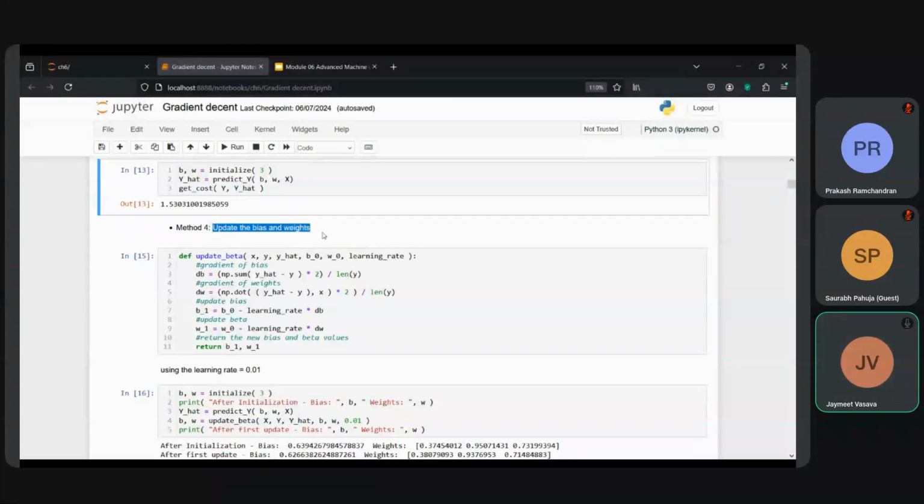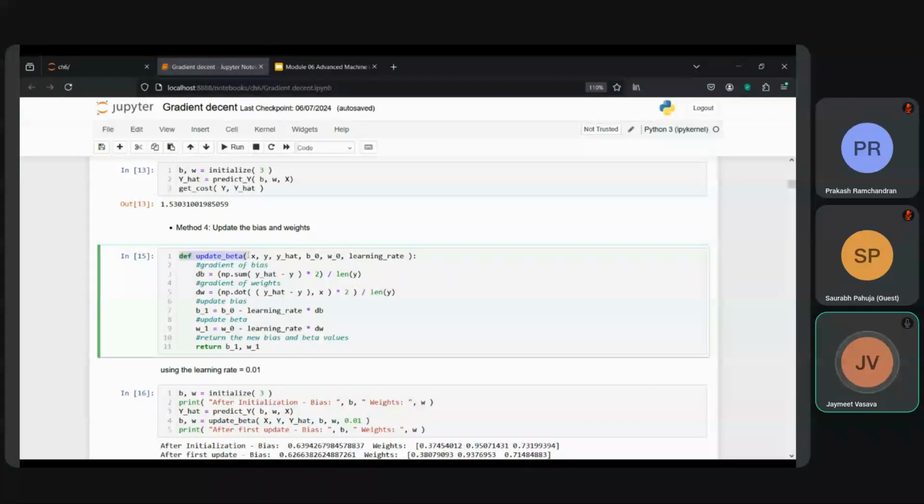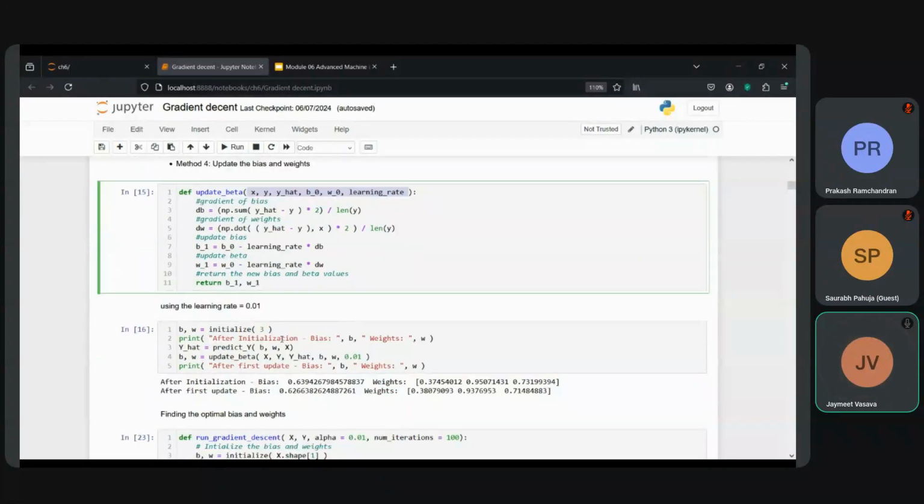Now we update the values of bias and weights by defining the function update beta, which will take the following parameters: x, y, the predicted values of y, the current bias, current weight, and the learning rate.